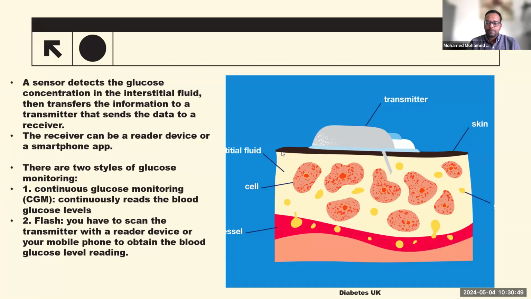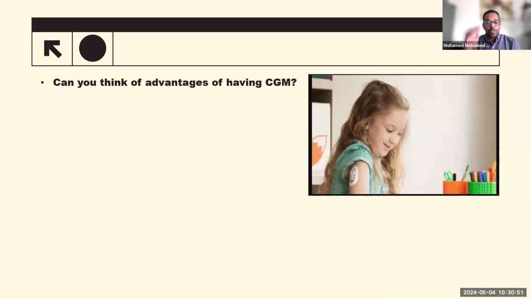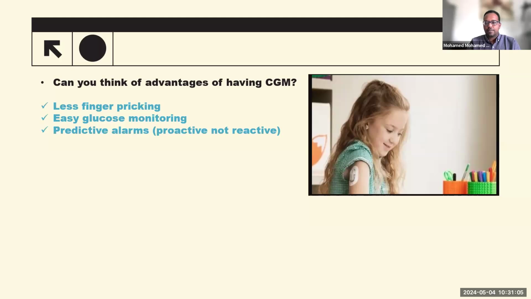With this in mind, can you see this picture? This little girl is wearing this sensor, this glucose monitor. Having a CGM, as I say, has had great advantages: less finger pricking, easy glucose monitoring, and the modern ones have this feature called predictive alarms.